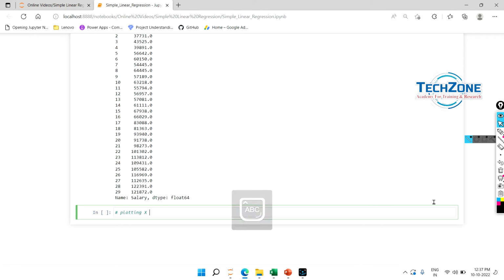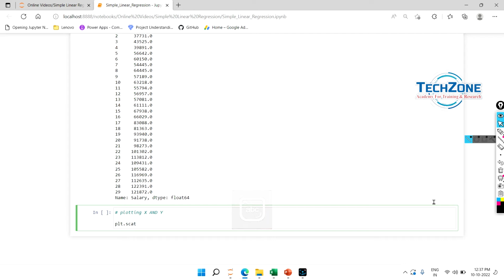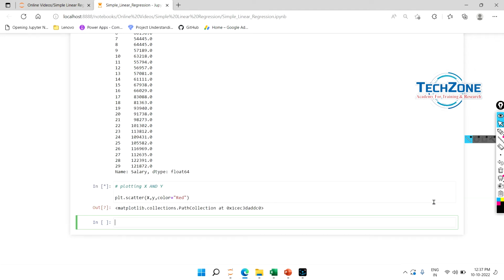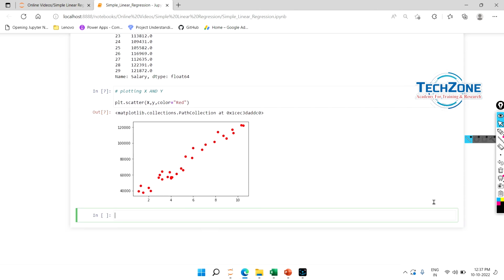So, plotting x and y. We'll draw a scatter plot: plt.scatter x comma y, and let the points be in red color. See here, this is our graph. Our data points are sort of linear.